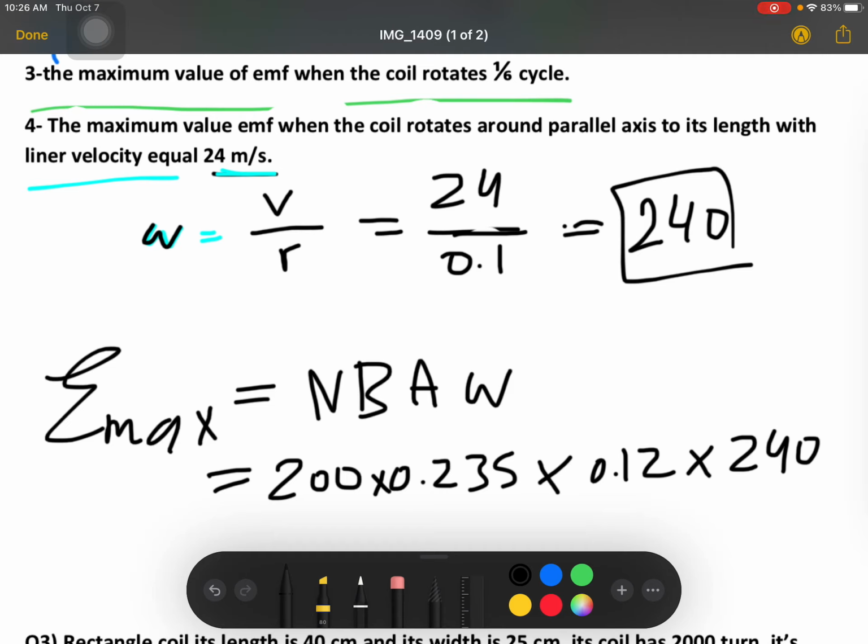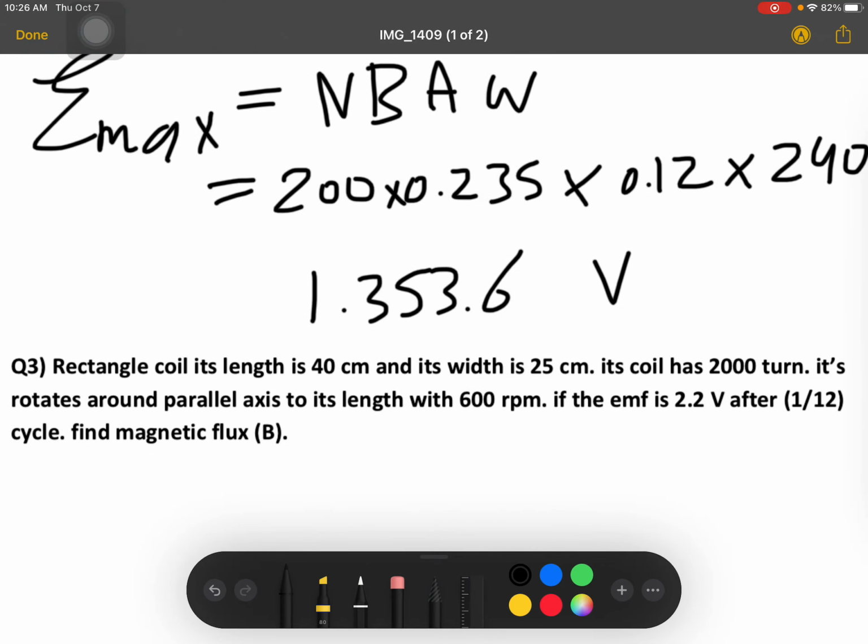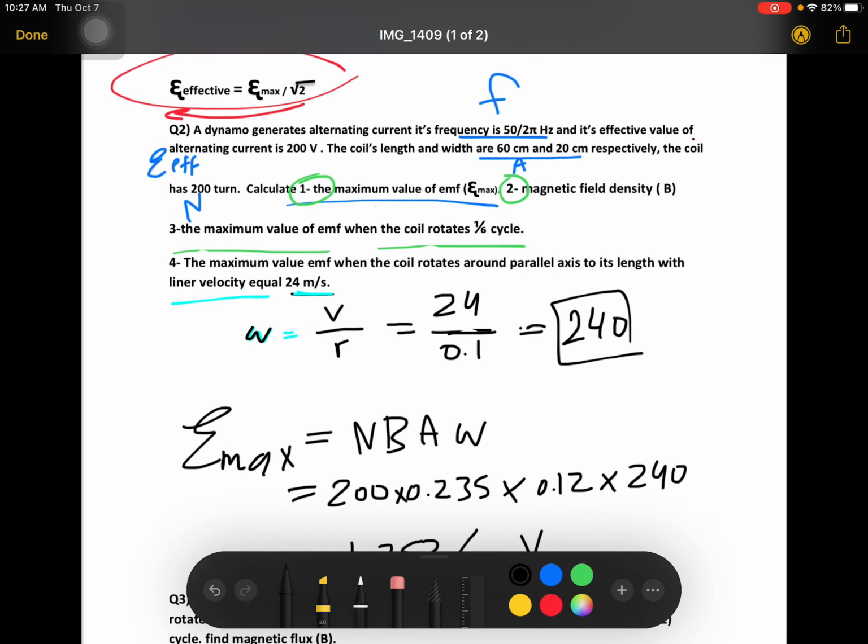On the calculator it will be 0.12 times 0.235 times 200 times 240. It will be 1353.6 volt. Okay, now we finished this question.